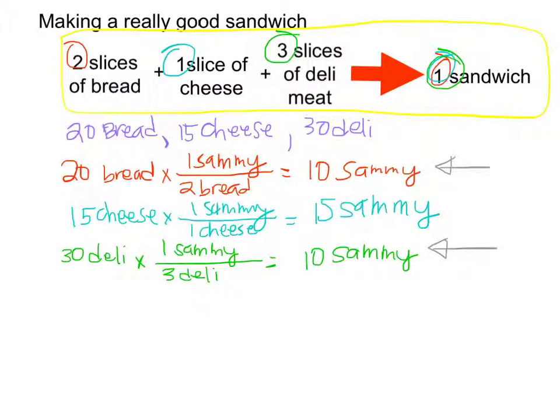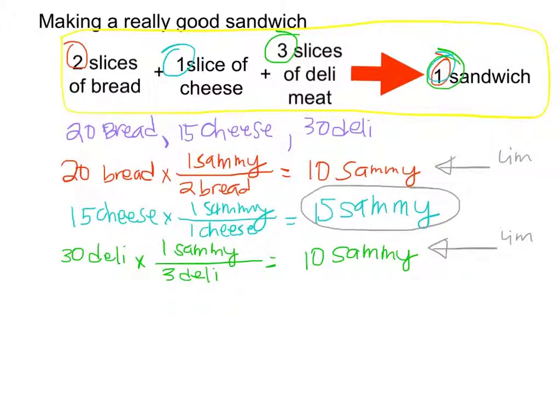So now we know that we have 10 sandwiches. I can tell you right now, we use up all the bread and we use up all the deli meat. These are what we know as our limiting reactants or limiting ingredients because we use them all up in making the sandwich.